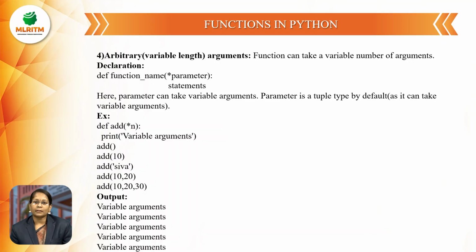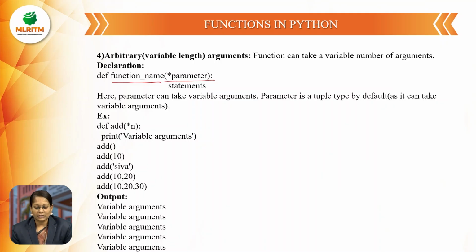The next argument type is arbitrary arguments, also known as variable length arguments. The function can take a variable number of arguments. How we define variable length arguments is: def function name, and the parameter list, with the parameter prefixed with an asterisk symbol.